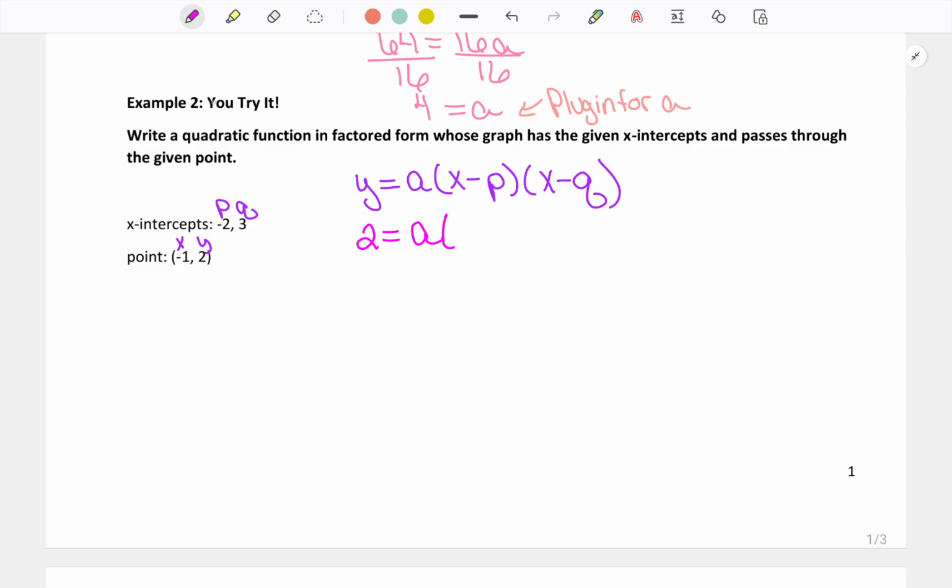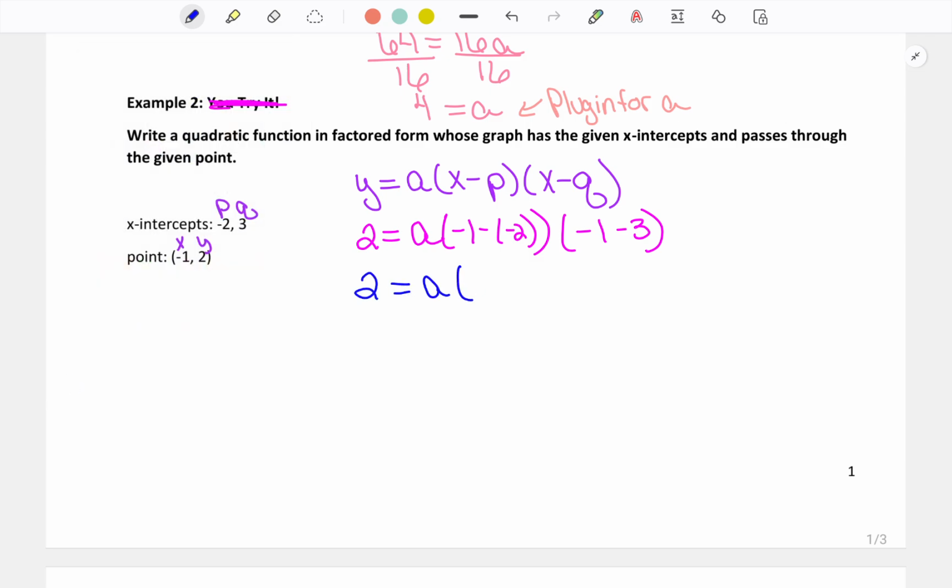And so then we will have, negative 1 minus p. So we'll do minus a negative 2 for that p. And then we'll use negative 1 again for that x. It'll be minus 3 for q. So then we will just start simplifying to solve for a.